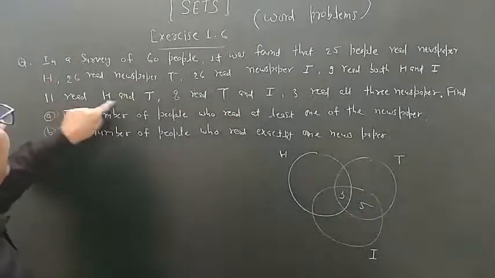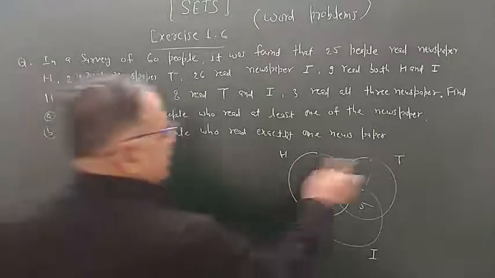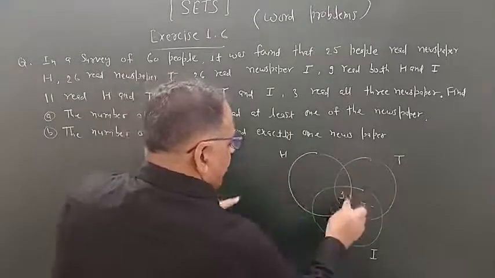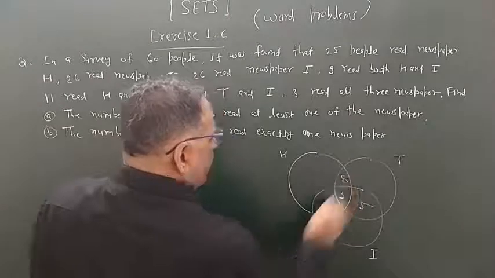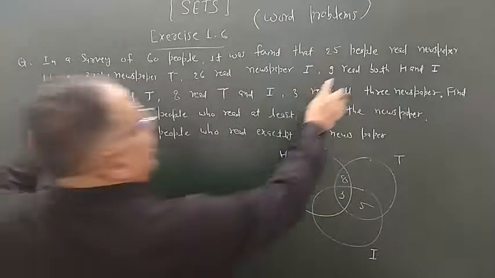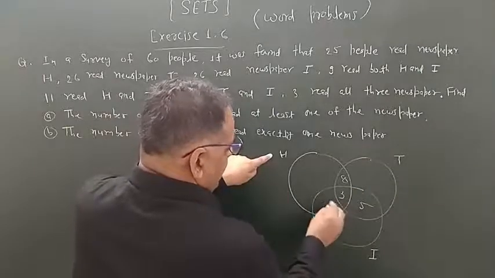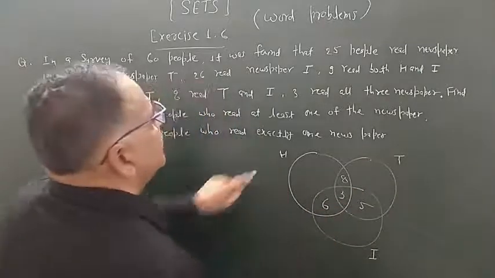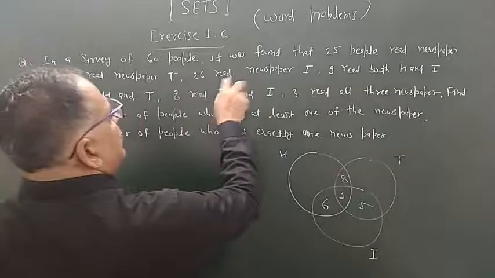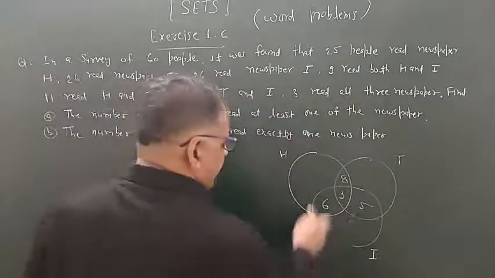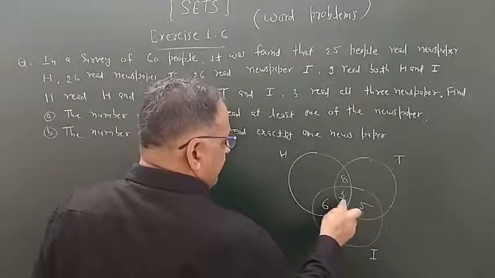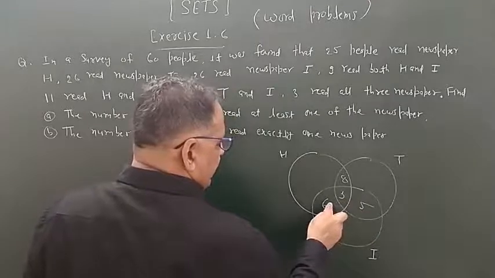11 read H and T. This is a common area, so the remaining 8 are there. 9 read both H and I. 3 is there, so only 6 is there. Now 26 read newspaper I. 5 plus 3 is 8, plus 6 is 14.